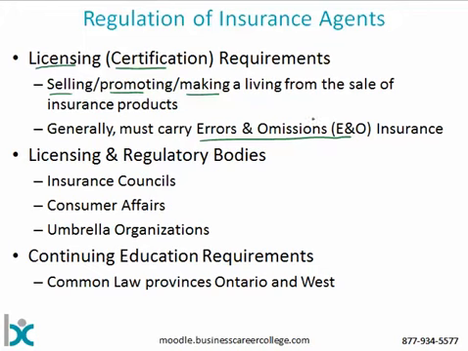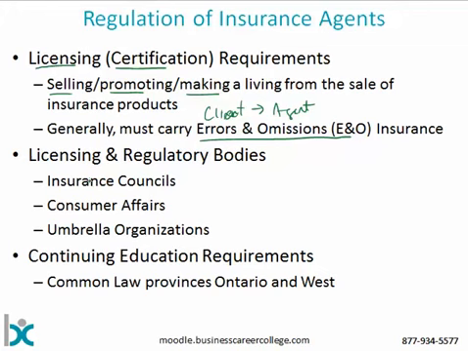The errors and omissions insurance covers off that liability we talked about in the last slide, so that if the client has a concern with the agent and that ends up in court, or in order to get to court even, the agent might need some support, or there might need to be money available to pay out claims, that's where the E&O insurance comes in.